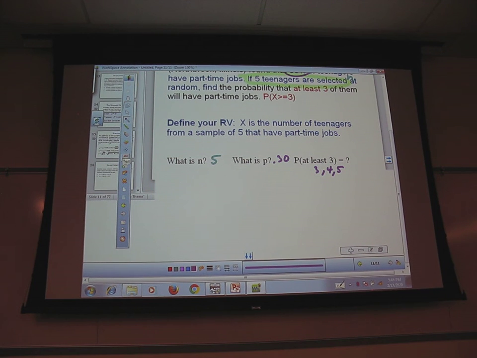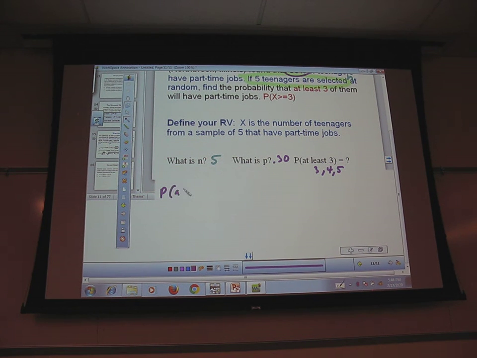For every class you miss beyond 2 absences, you lose 0.5% of your grade. So it just chips away at your grade a little bit, which matters if you're right in the bubble at the end. Right? And then you're desperately thinking, if I only had missed class one time. Oh well. All right, so we need to find the probability of at least 3.